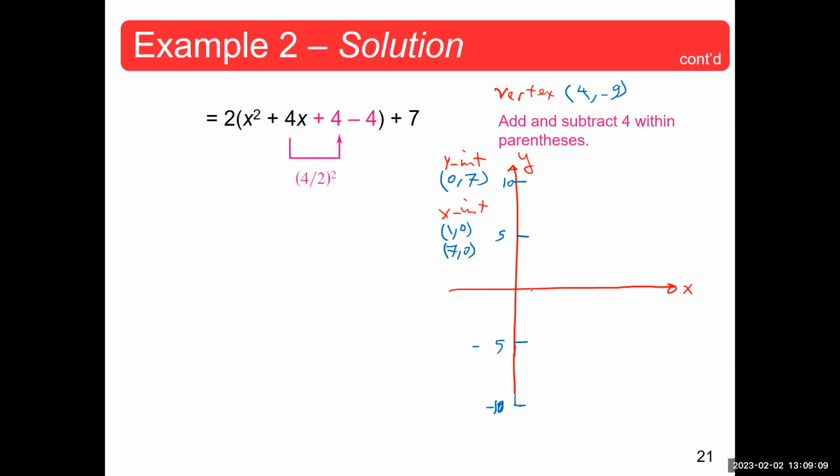And here we have 1, 2, 3, 4, 5, 6, 7, 8. First point 4, 1, 2, 3, and 4. And negative 9 was my vertex.